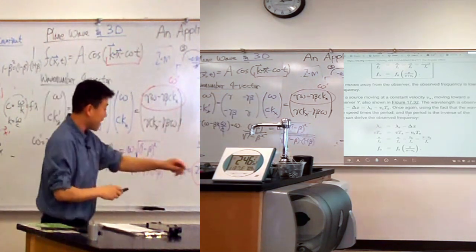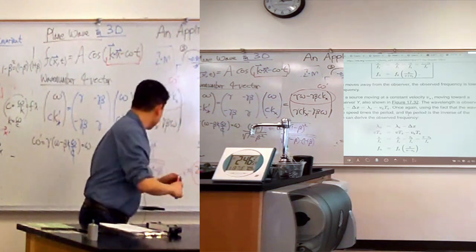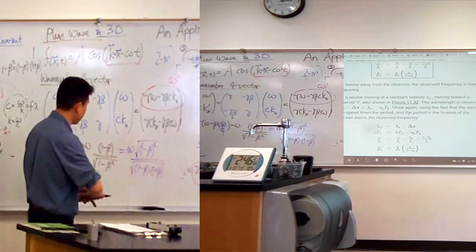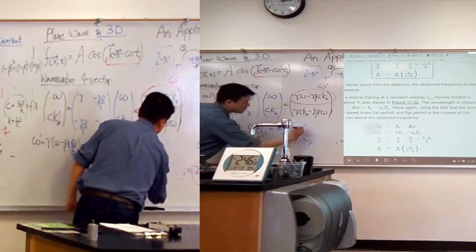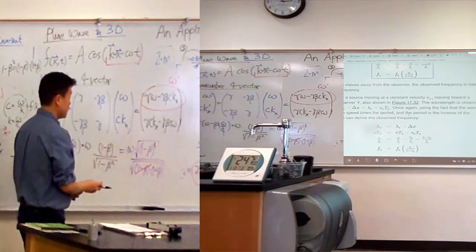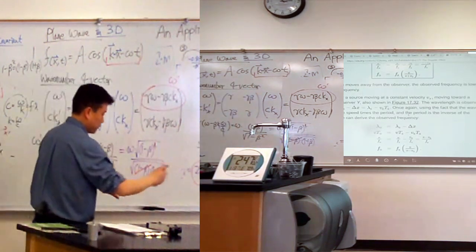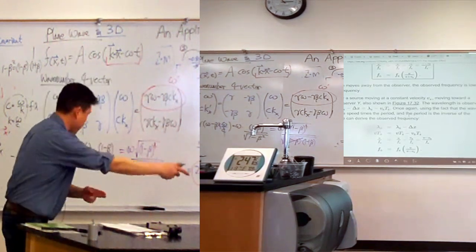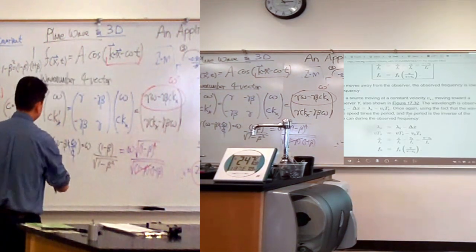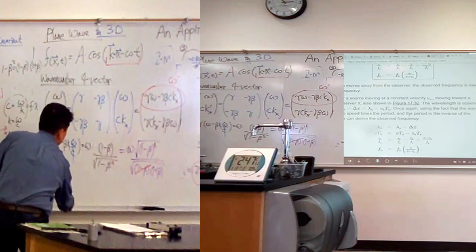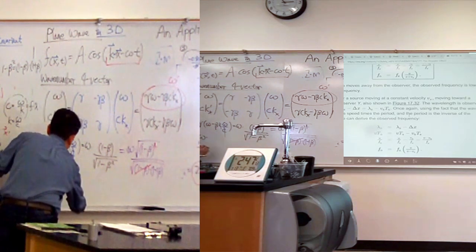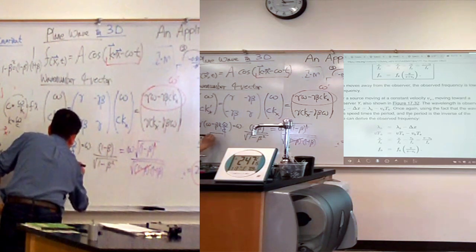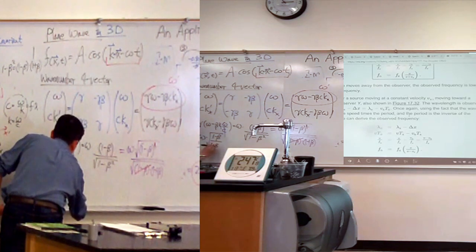So some things actually cancel out with proper simplification. This factor of 1 minus beta cancels out with that. So you get this Doppler shift formula. For an observer that's moving away from the source, you get omega prime is equal to omega times the square root of 1 minus beta over 1 plus beta.